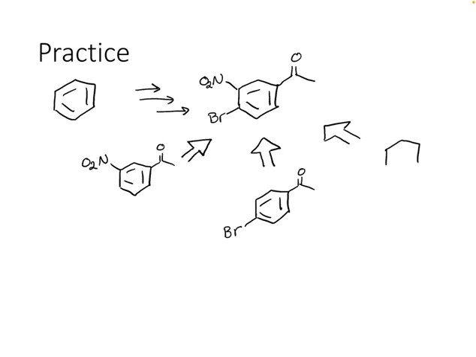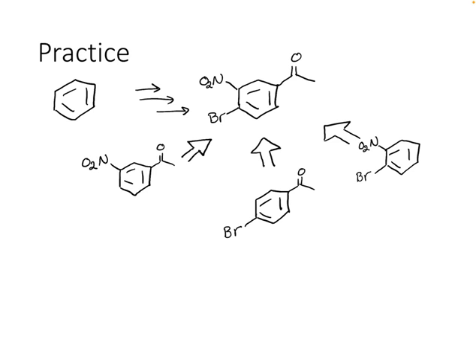And then our last possibility, we've added the nitro group and the bromine, but we have not added the acyl group quite yet. All right, so let's go through each of these different scenarios and see which ones make sense, which ones don't work, and that will help us narrow down the right pathway.